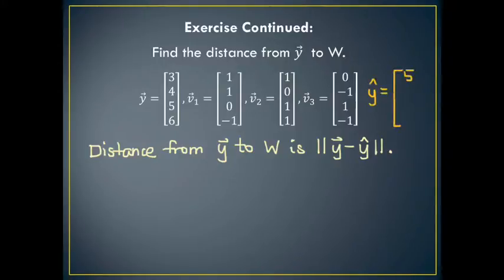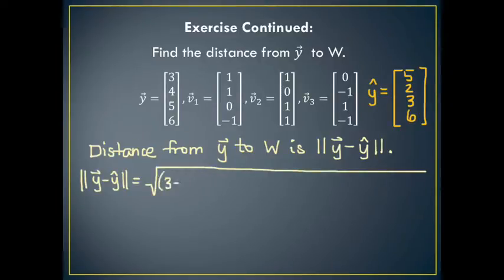So we have y hat equals 5, 2, 3, 6, and the distance formula we talked about in section 6.1, it's equal to the square root of the first entries subtracted and then squared, second entries subtracted and squared, third entries subtracted and squared, and so on.